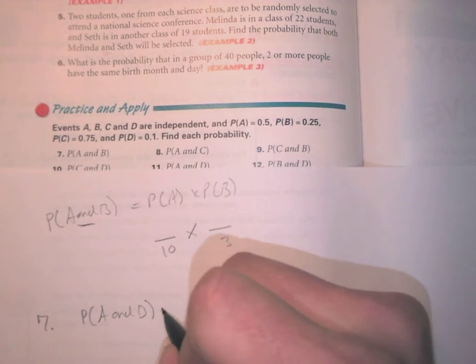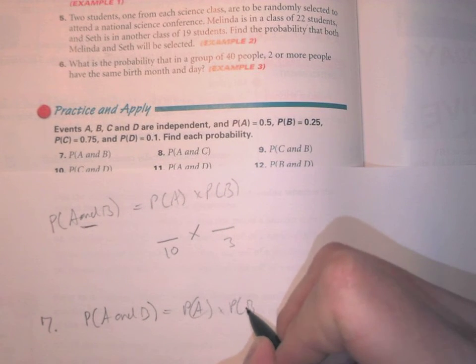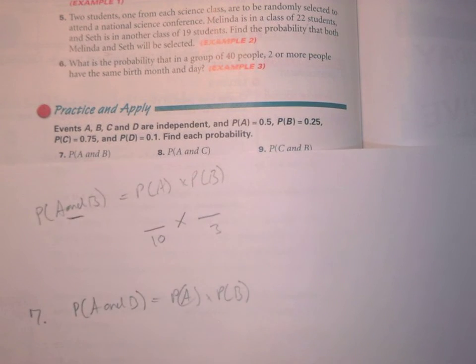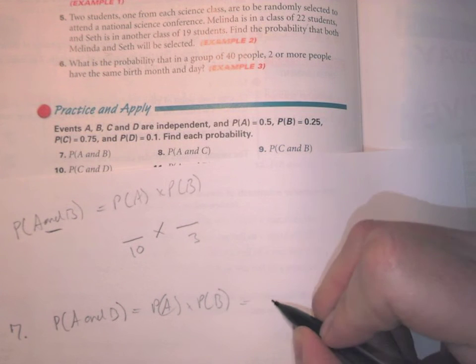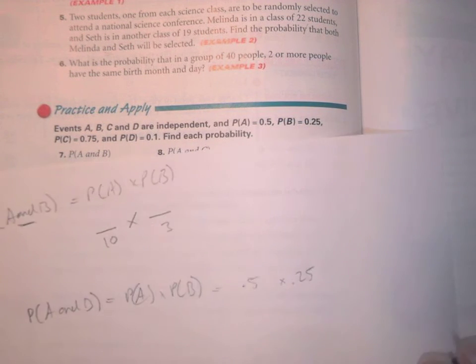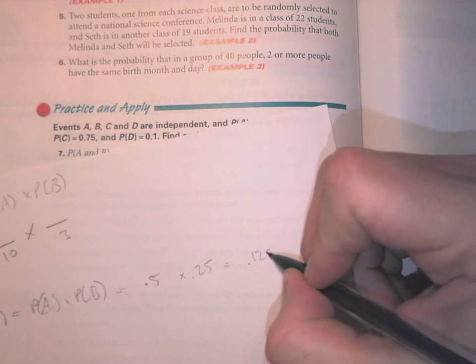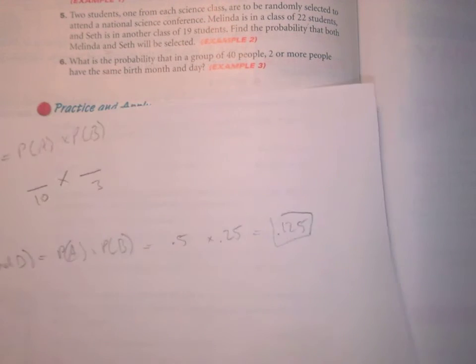Probability of A and B equals the probability of A times the probability of B, because they are independent. Probability of A is 0.5, probability of B is 0.25, so we just have to do 0.25 times 0.5, which is 0.125. And that's it.